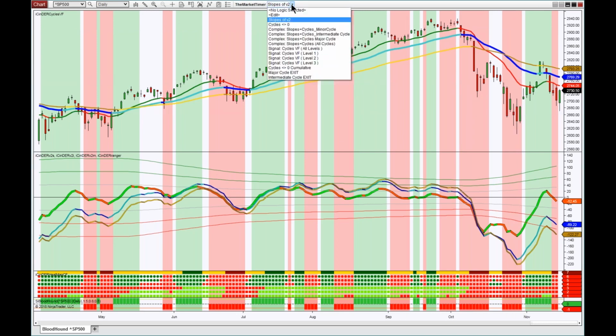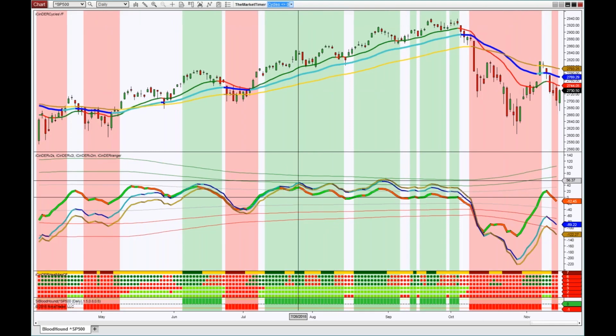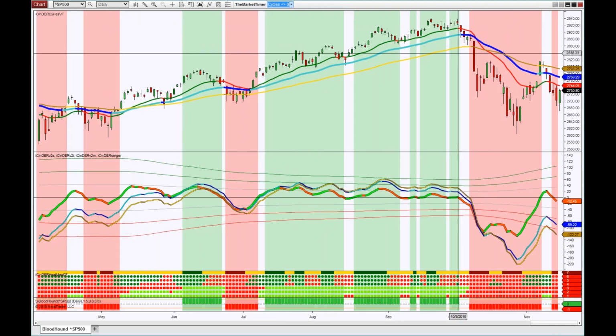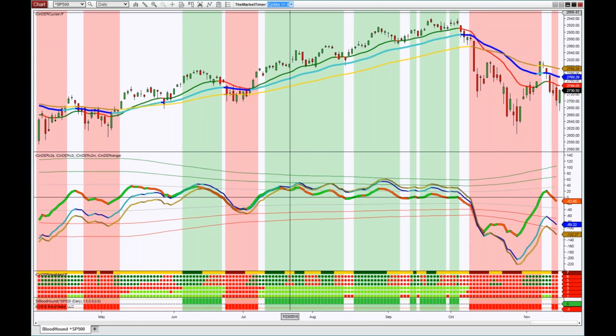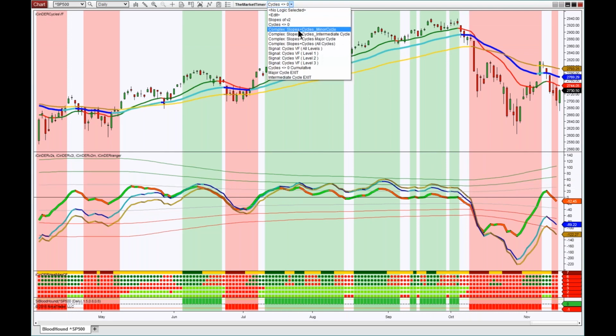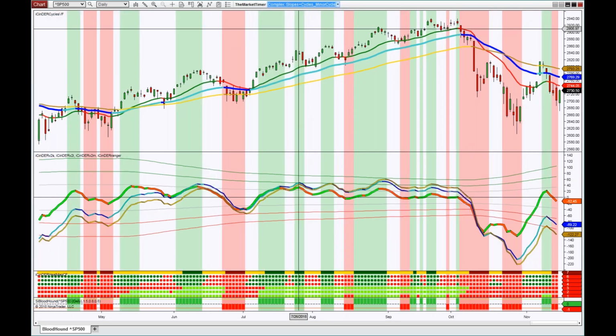So we go ahead and look the same thing at the cycles above or below zero, which is the zero line, right there, all three above zero, bullish bias. They start breaking down. Basically, right there is a time where you tighten your stops. So it gives you warning throughout your trading with different views. Slopes and cycles, all of them the same type of thing.